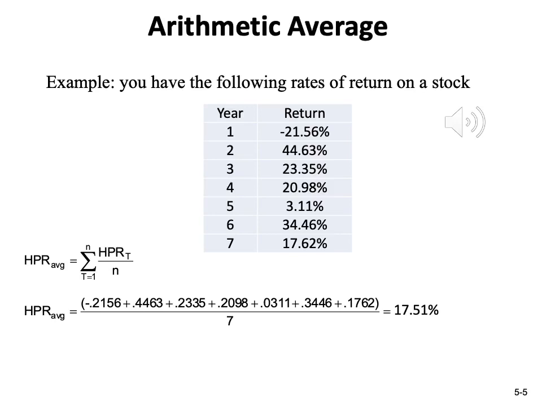In this example, year 1, you have a 21.56% loss. Second year, you gained 44.63%, and so on and so forth, until the 7th year, you got 17.62%. So you add them up, divided by 7 years. For this 7-year holding period, the average arithmetic return every year is 17.51%.